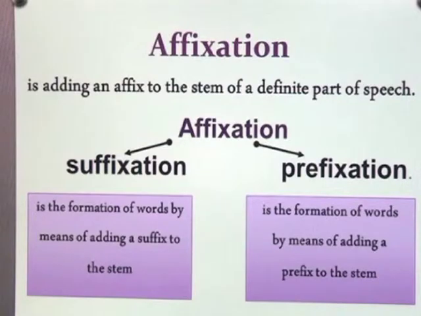Prefixation is the formation of words by means of adding a prefix to the stem. And we have two main functions of suffixes. The first one, to form one part of speech from another, and the second function, to change the lexical meaning of the same part of speech.